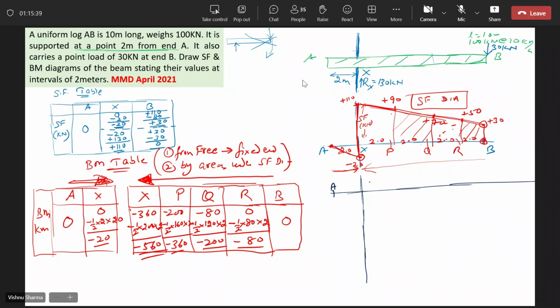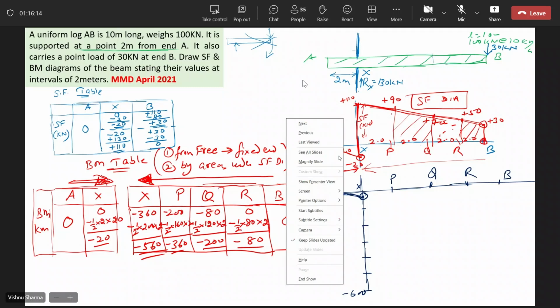So I have A, X, P, Q, R, B. For 560, let's say 100, 200, 300, 400, 500, 600, minus 600. It is 0 at A and it's minus 20 here. It's a triangle from vertex to base, so it will be joined like this. Am I right, guys? Let me change to green marker so that it does not confuse you.